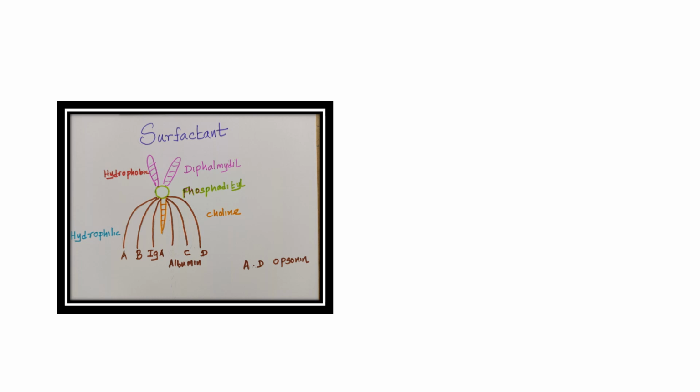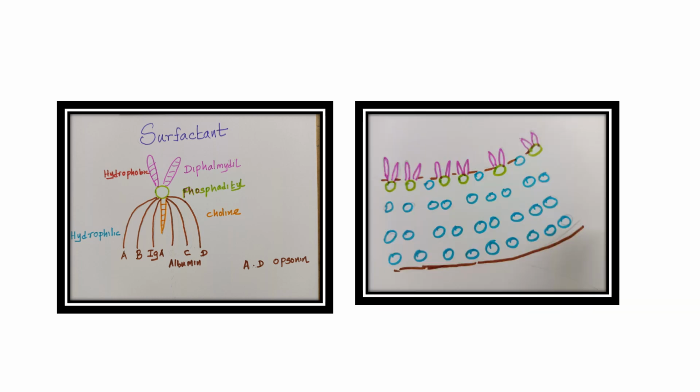Normally at the air-water interface, water molecules are present, which increases the surface tension. When surfactant is present, its hydrophobic region, the dipalmitoyl phosphatidylcholine, floats around the water layer and does not go inside.